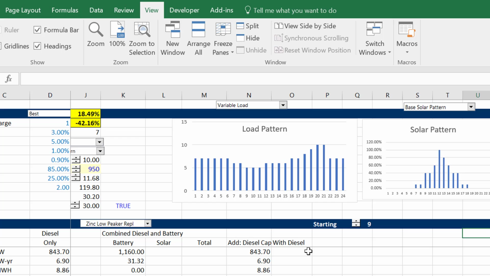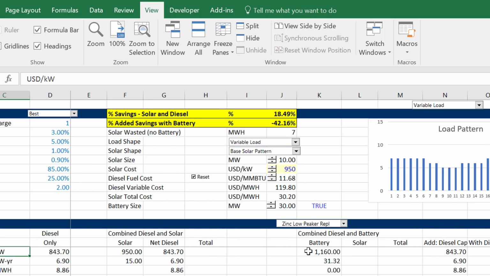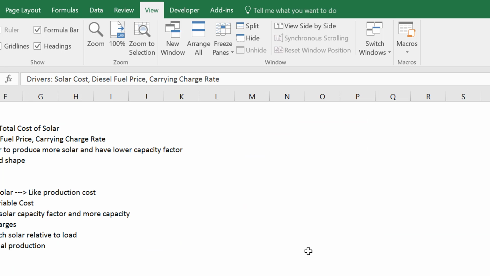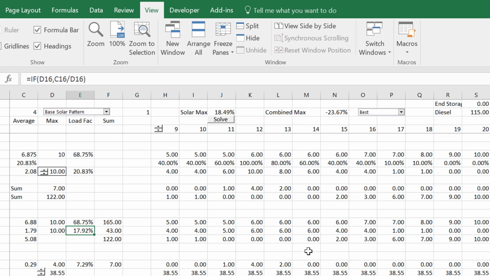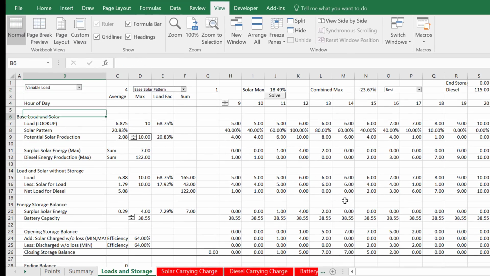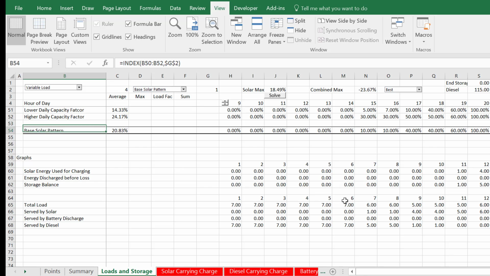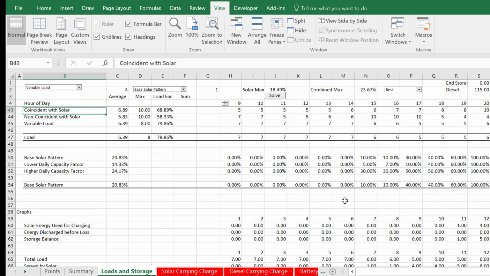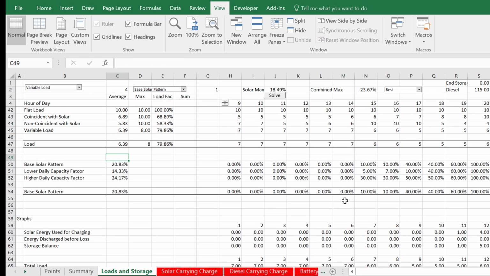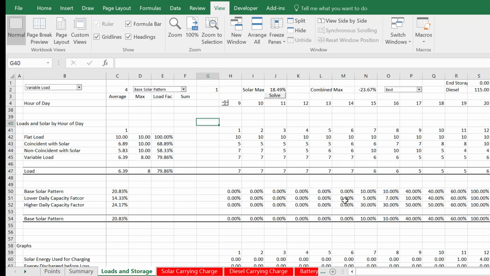Okay, now the way this all works is we first put in a pattern for the solar power. This is just an input. This is the pattern during the day. Excuse me, just a minute.